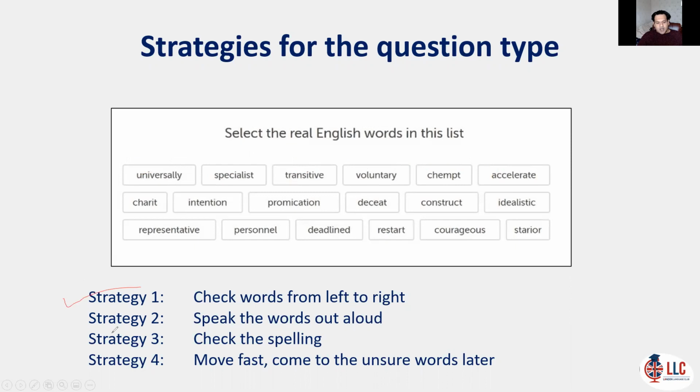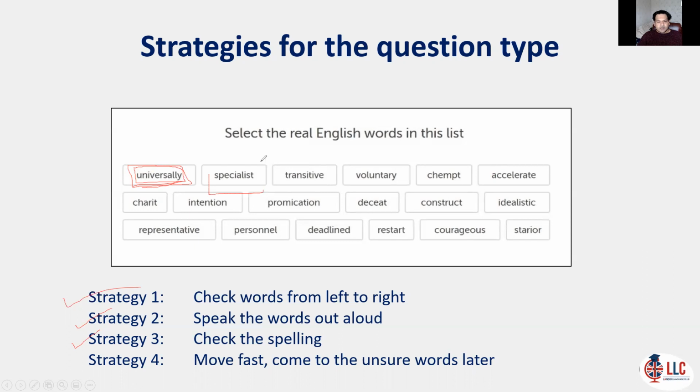That's strategy 1. Then strategy 2 is you speak each of the words aloud. When you are checking a word, for instance, university, you speak it out loud. That's how it's pronounced. And then strategy 3 says that you check the spelling. So do that simultaneously.